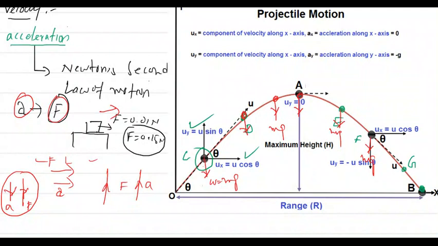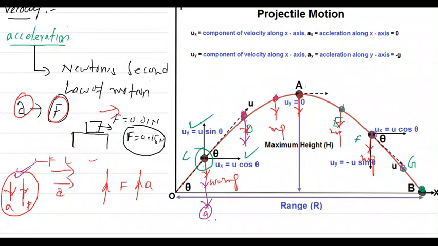Think. I am sure you are thinking that because force is acting in the downward direction, the acceleration will also be in the downward direction. And here at that point also the force of gravity is downward, so acceleration is downward, and so on at each and every other position.